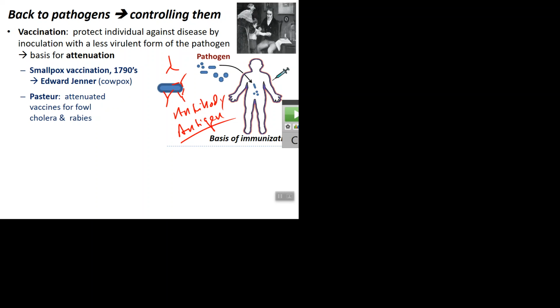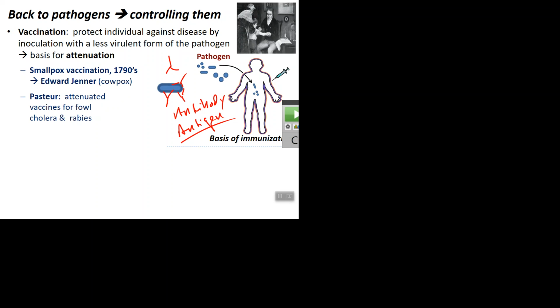And the basis of vaccination is really about introducing an agent, okay, the antigen, to your body, either in the form of a whole cell or virus that's been attenuated. Attenuated means to limit it or to render it non-disease causing.